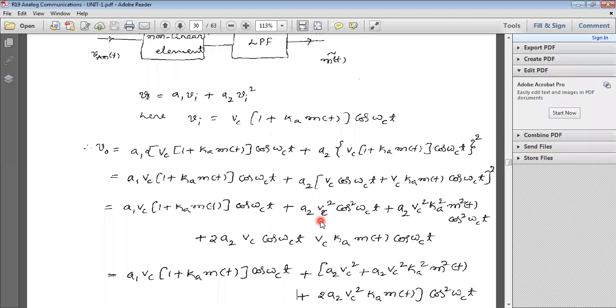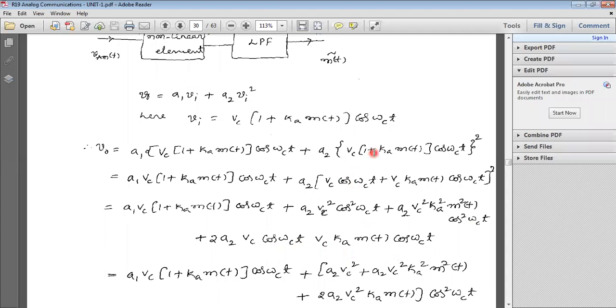After that you multiply with A2. Therefore it becomes A2 Vc square cos square omega Ct plus A2 Vc square Ka square m square t cos square omega Ct plus 2 A2 Vc cos omega Ct Vc Ka m of t cos omega Ct.